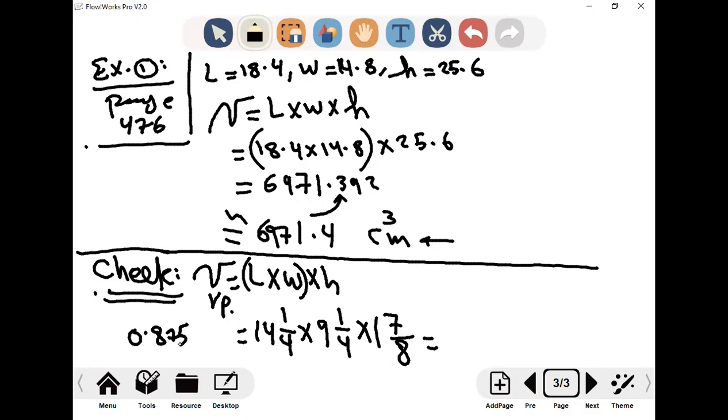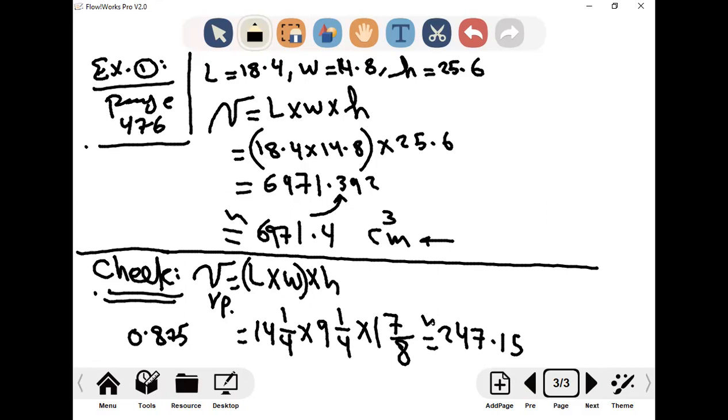So 14.25 multiply 9.25 multiply 0.875. The answer here is equal to 247.15 rounded. This is a decimal, and they want a mixed number, right?